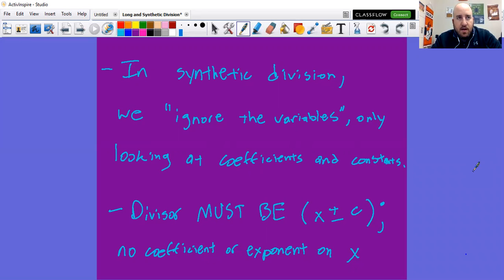It's just going to make the math a little more difficult, because at some point we're multiplying by that constant, which we'll get to in a little bit. So if you're multiplying by fractions, it gets a little tricky. You could do this even if it was a fraction or a decimal in theory, but we're just going to stick to this being a whole number. So x minus 2, x plus 5, things like that.